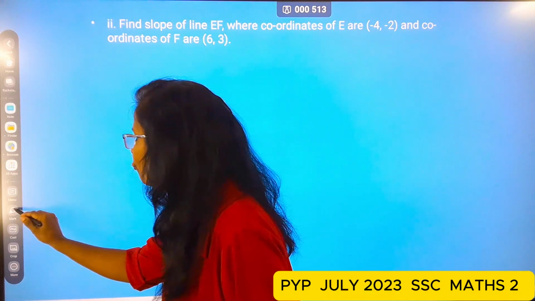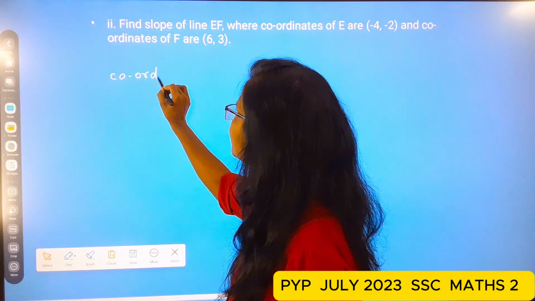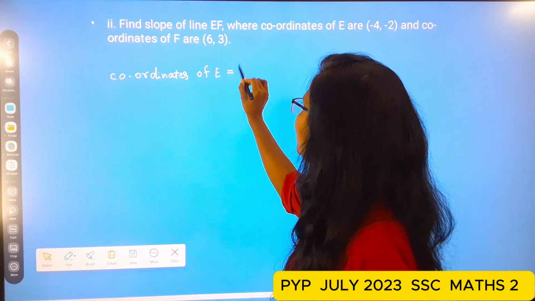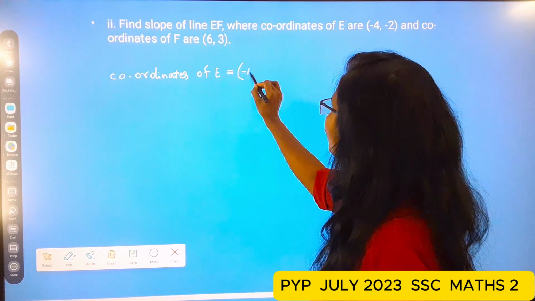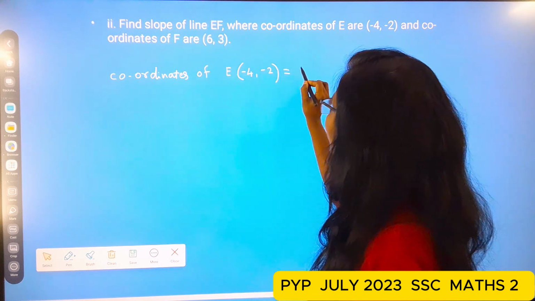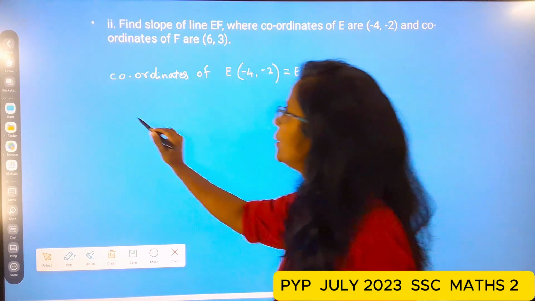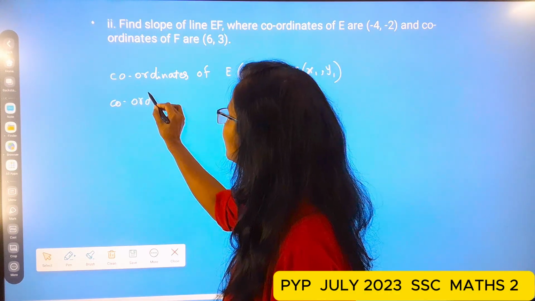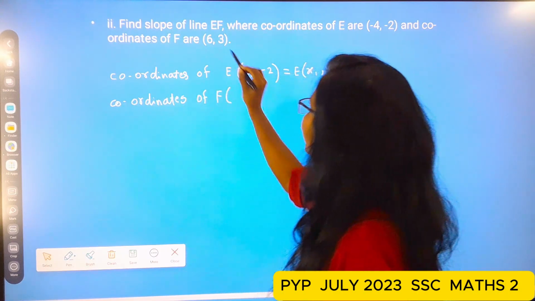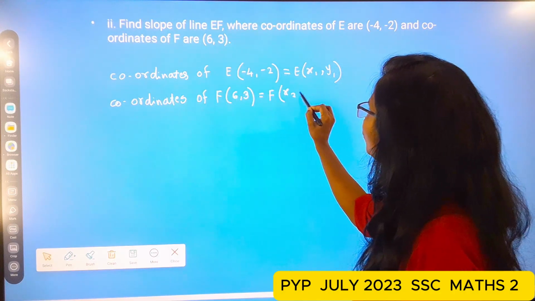The coordinates of E are -4, -2, which we consider as x1, y1. And the coordinates of F are 6, 3, which we consider as x2, y2.